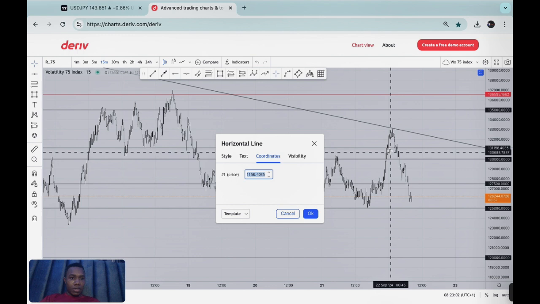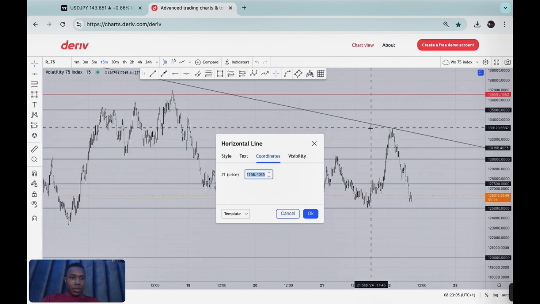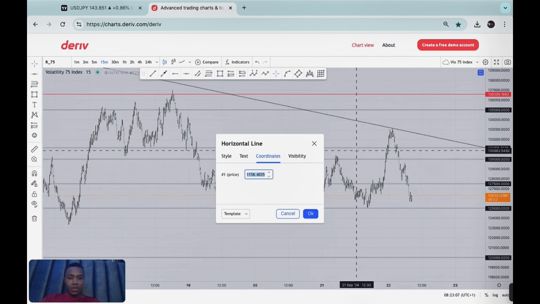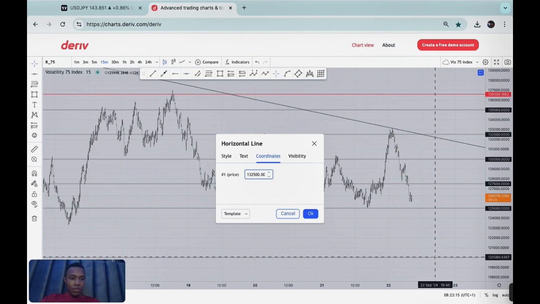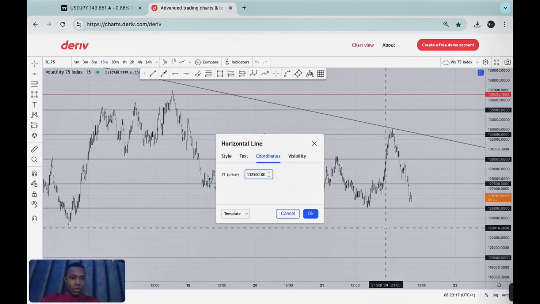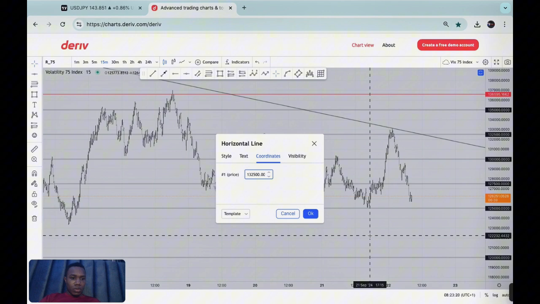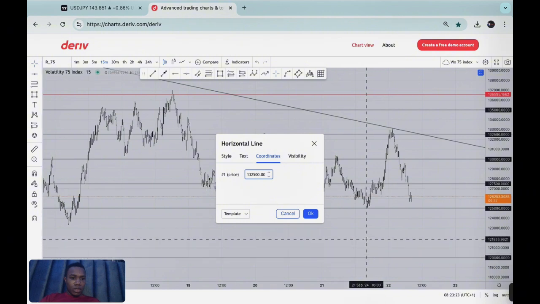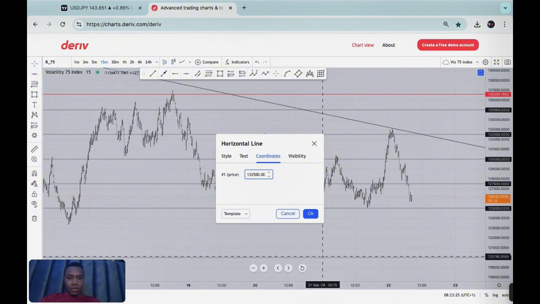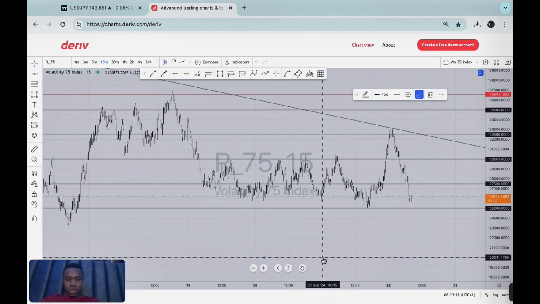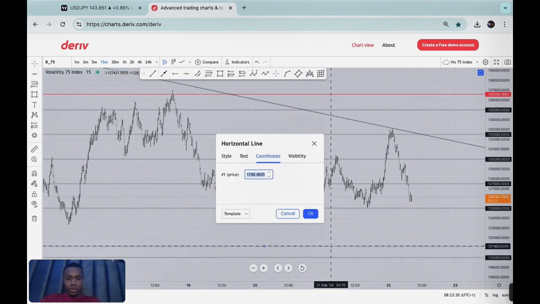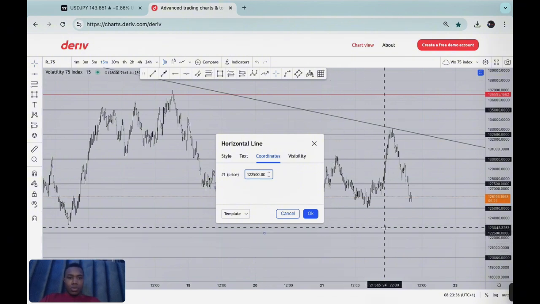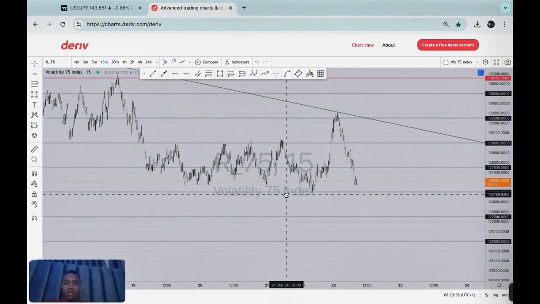Is it 12 or 13? Yes, 13,250. Perfect. And for this one we have 12,250. Am I correct? Yes. So here, let's add the one below. 12,250. Good. This is exactly how I want my chart to be right now.